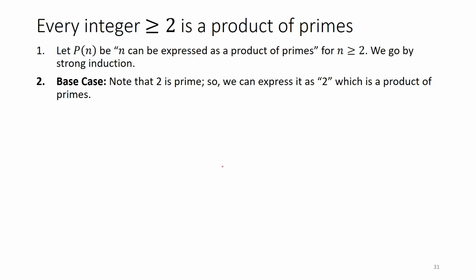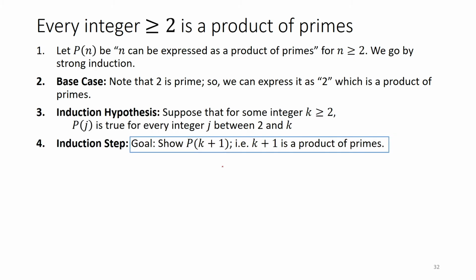That is prime, so it is a product of primes. For the induction hypothesis, we assume P of j is true for every integer j between 2 and k. Then we need to show P of k plus 1 is true, and that means k plus 1 is a product of primes.